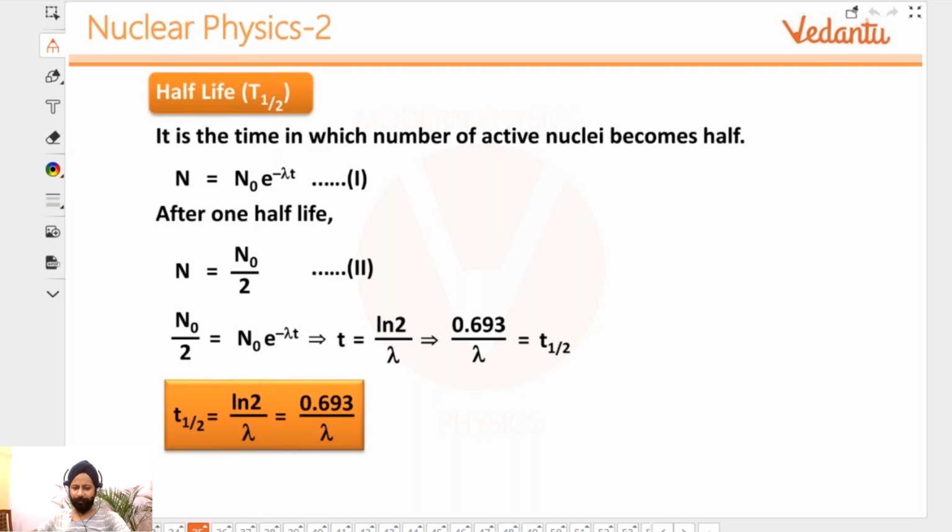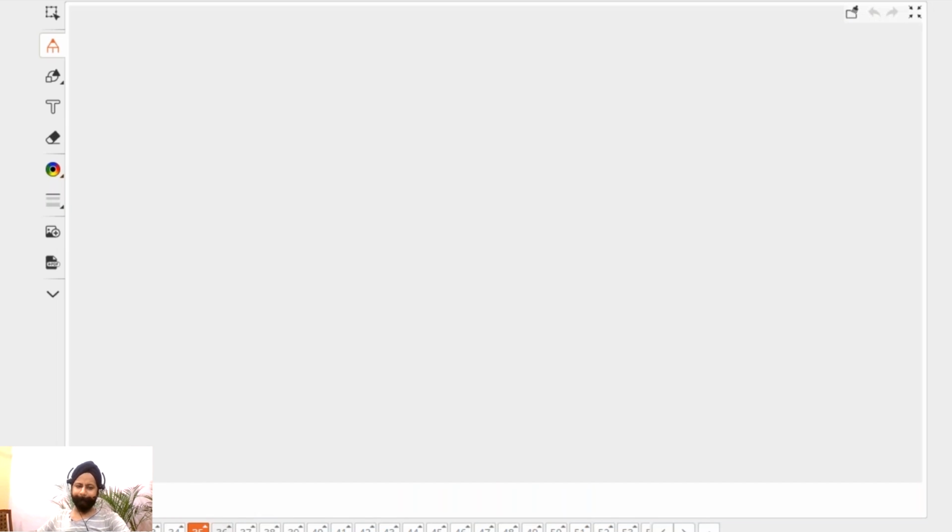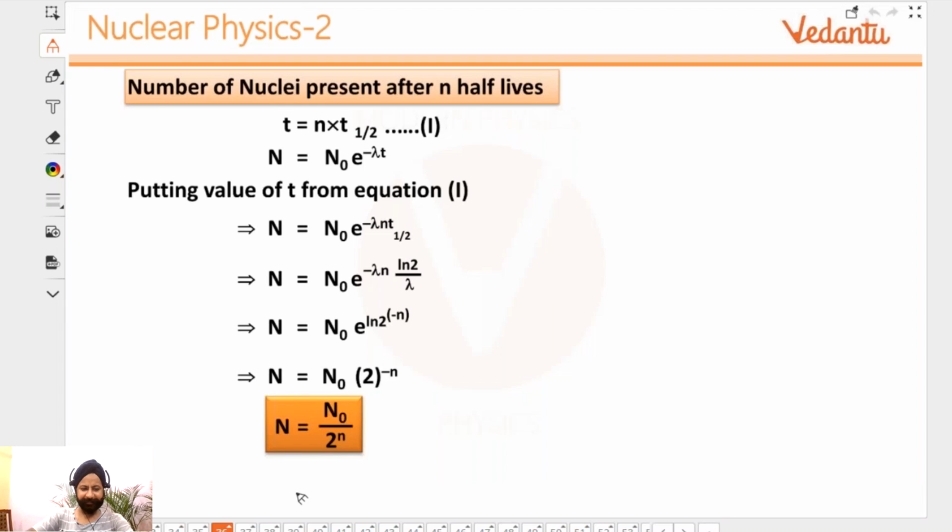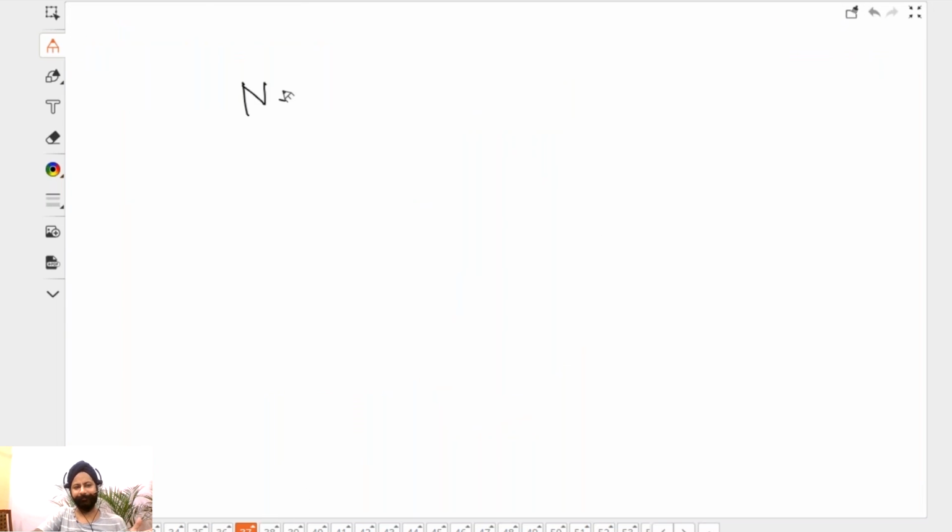If no doubts, then I'm going to move on. Number of nuclei present after n half-lives. Let's say you had N naught now, as in now, your container has N naught number of nuclei. After one half-life, you will have N naught by 2.